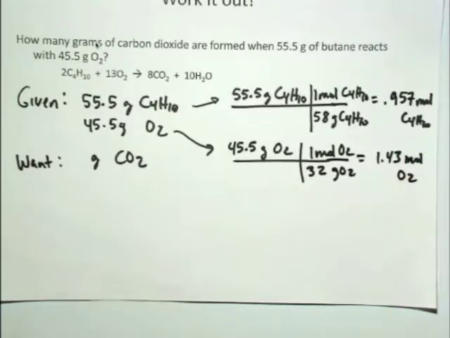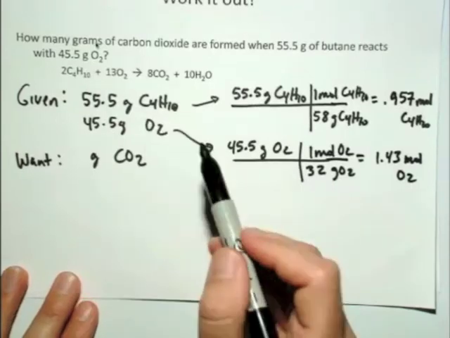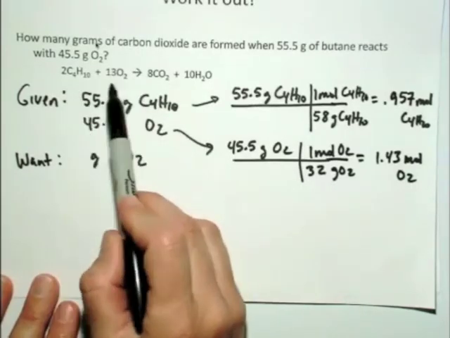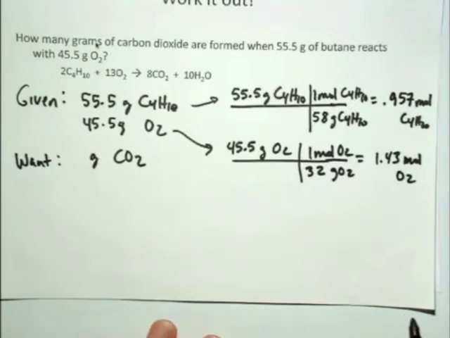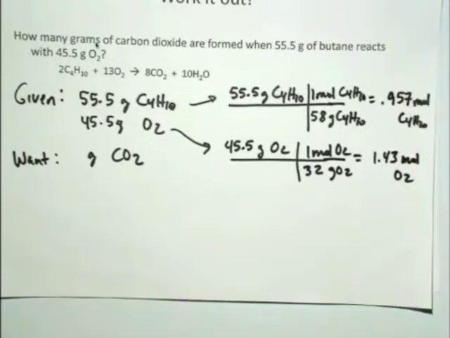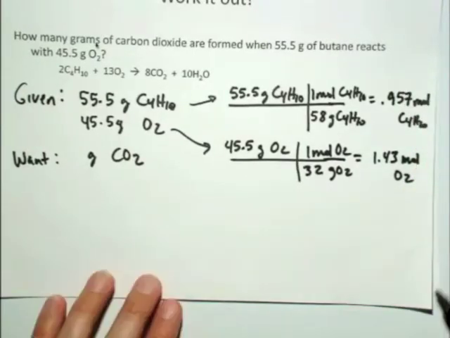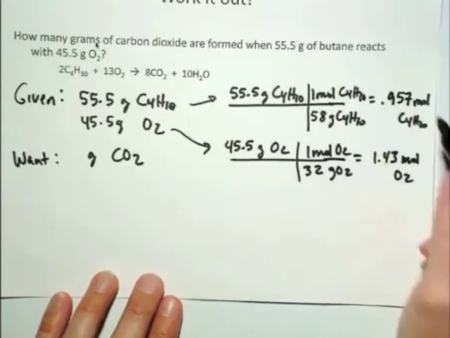Okay, and so we're trying to figure out which one is our limiting reagent, which one are we going to run out of first on our way to producing the carbon dioxide. And so according to the instructions on the previous page, we first had to calculate the number of moles of each reagent, which we did right here, and then we have to calculate the available mole ratio. So I always put the larger amount over the smaller amount.